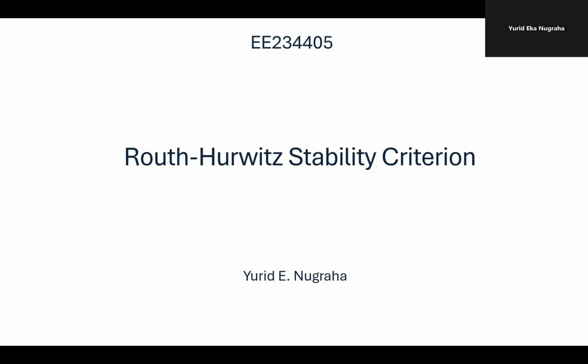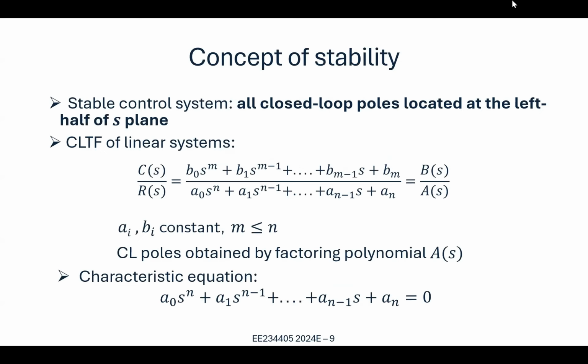All right, so we will continue. Now we are going to discuss a little bit about the Routh-Hurwitz stability criterion. This is, of course, still related to the concept of stability that we have studied before, where in a stable control system, we know that all closed loop poles are located at the left half of the S plane.